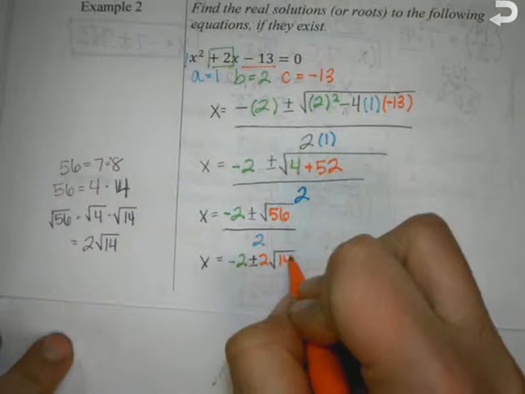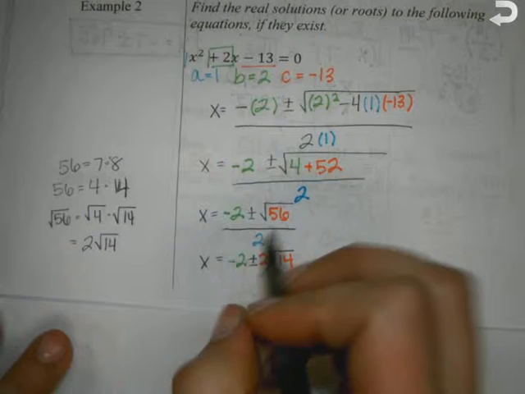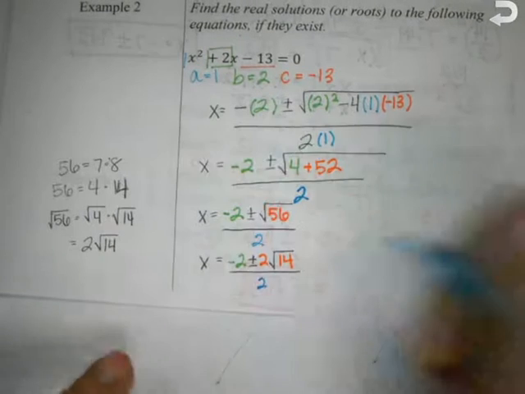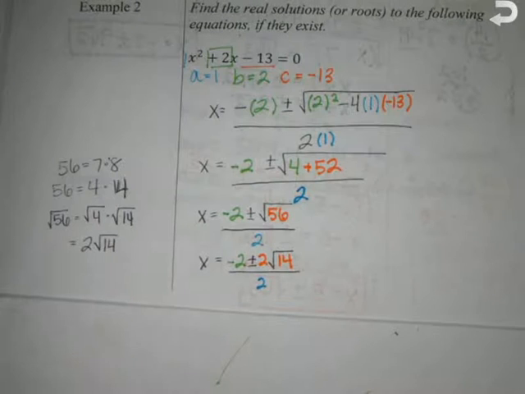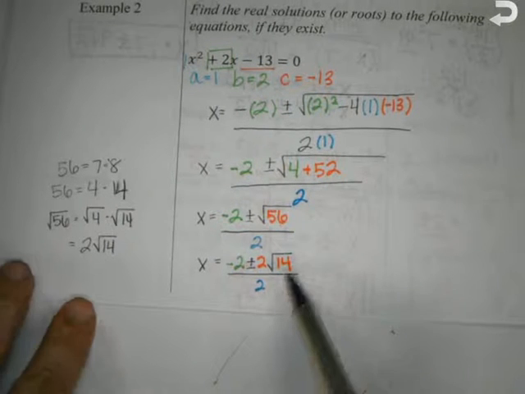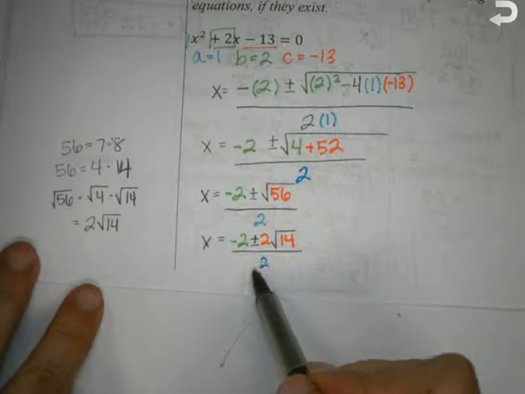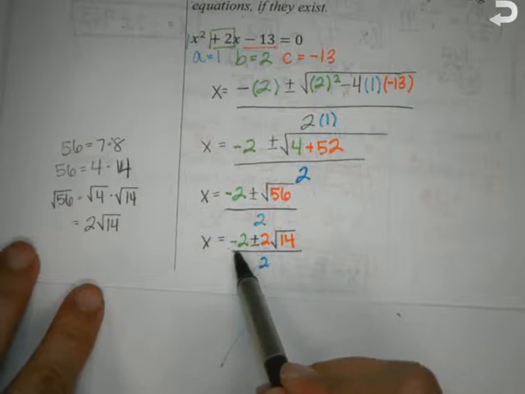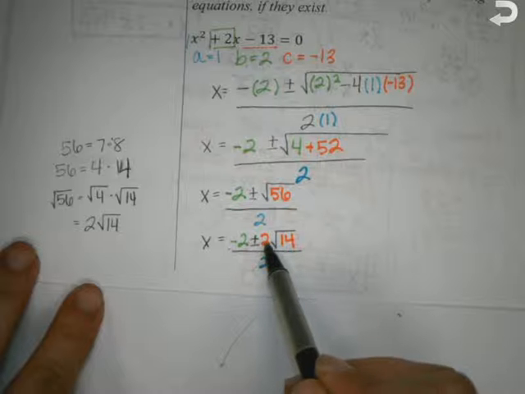Okay, and then here is where I saw a lot of mistakes on the quiz. I got a lot of people that did exactly what I told you not to do, which was reduce this part but not this part. We have to reduce everything, right? So negative 2, plus or minus 2, and 2 all reduced by 2.